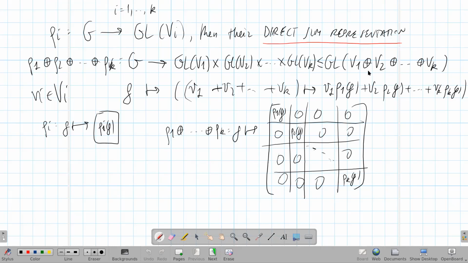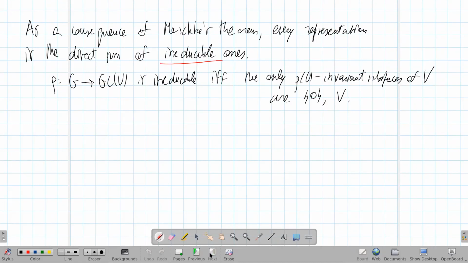And you keep doing this until you have to stop because the dimension is finite. Every time you split, you lower the dimension of the components. This cannot go on forever in a finite dimensional space. And this is very important. So a representation is determined by its direct factors, these irreducible ones.